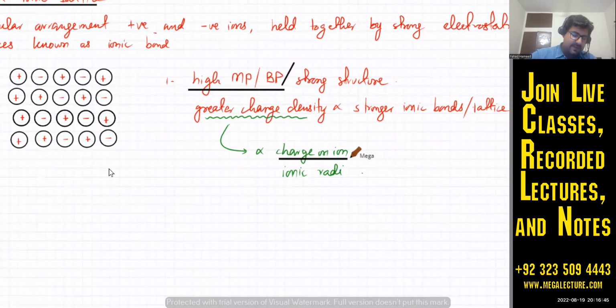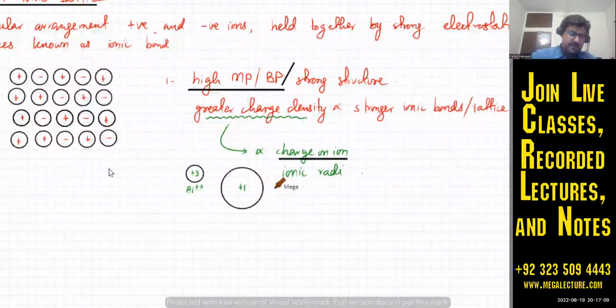यानी अगर मैं कहूँ ना कि I've got an ion, a really small ion, and it's got a +3 charge. Let's say that's aluminium ions. It's a small ion. It's just got two shells, and simultaneously I've got a very big ion, let's say the potassium ion, and it's just got a +1 charge. इनमें से किसकी charge density ज़्यादा है?